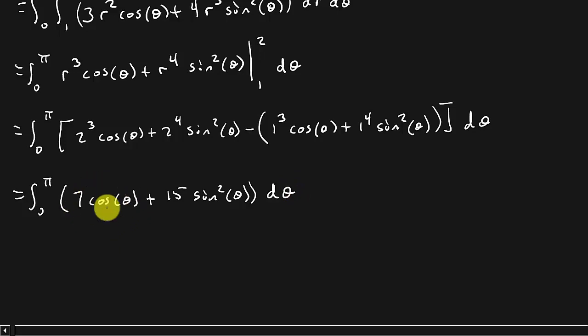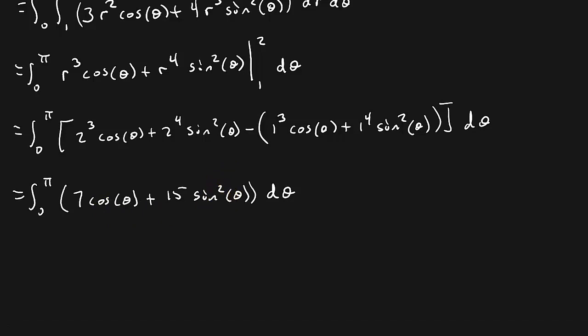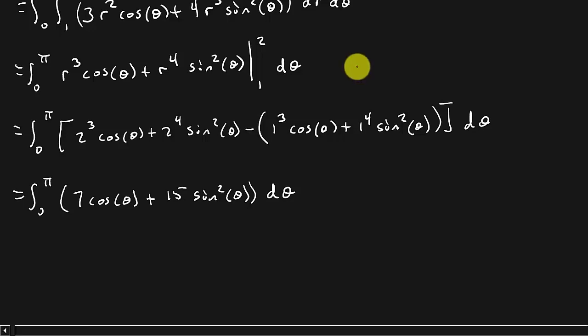This one right here is easy to integrate, but what about this one? Remember, when you did trigonometric integrals, you had that property that sine squared theta is equal to 1/2 times 1 minus cosine 2 theta.